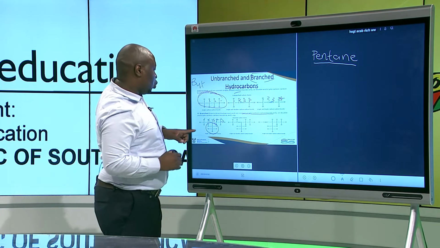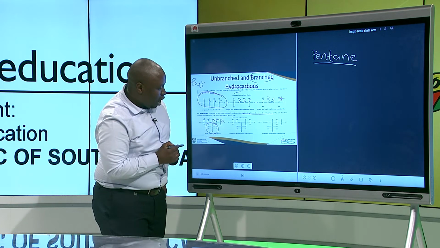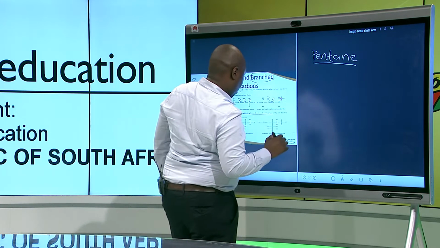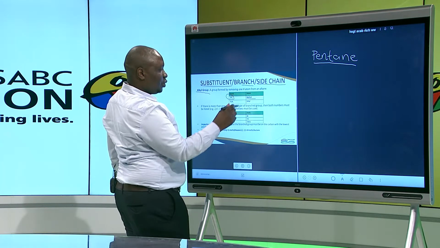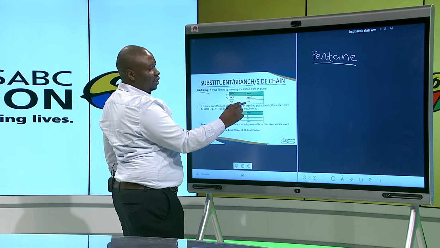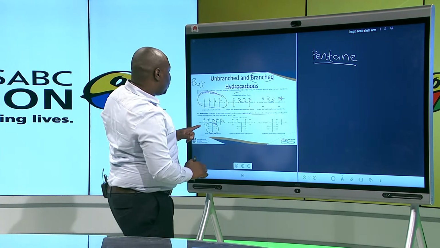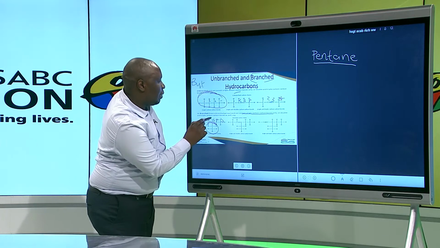So we say we have pentane. But we have a substituent that we're talking about, which is now 2 carbons and 5 hydrogens. We know that is ethyl. So C2H5 is ethyl. We're going to look at the position of the ethyl, which is in carbon number 3.